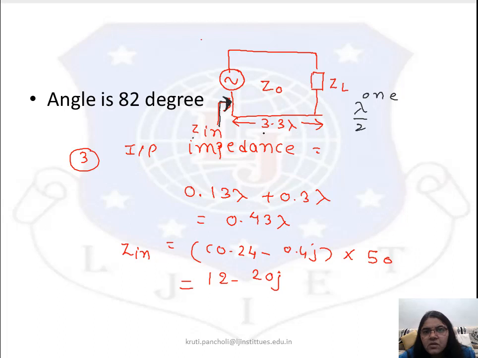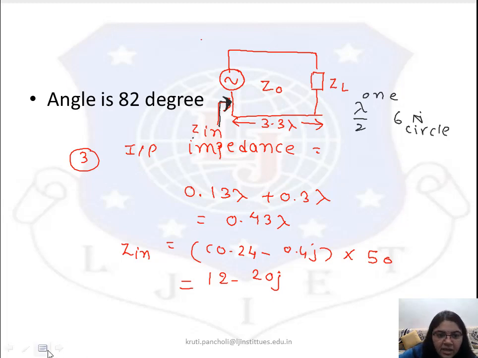So here it is 3 lambda. How many circles is it? I need to move 6 circles for covering the 3 lambda value.